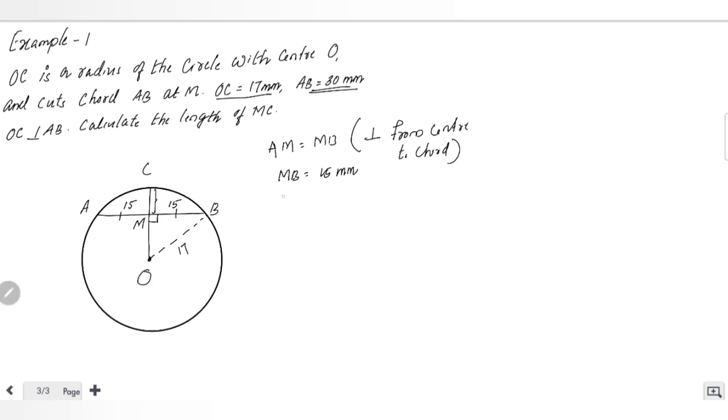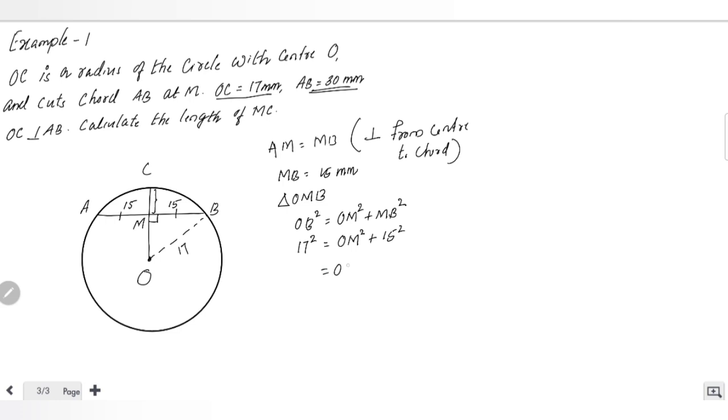So I got a right angle triangle, OMB. We can apply Pythagoras theorem there. That is OB square is equal to OM square plus MB square. Whenever you write a Pythagoras, always start with the right angle triangle, the hypotenuse square is equal to sum of the squares of the other sides. That is 17 square is equal to OM square, that we are looking for, plus MB, 15 square.